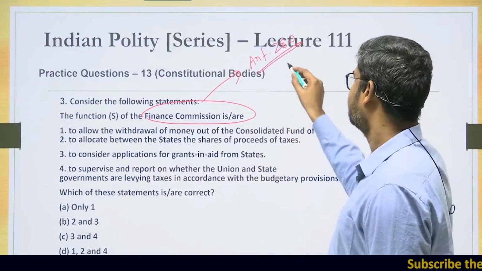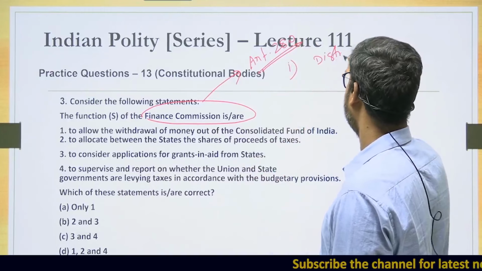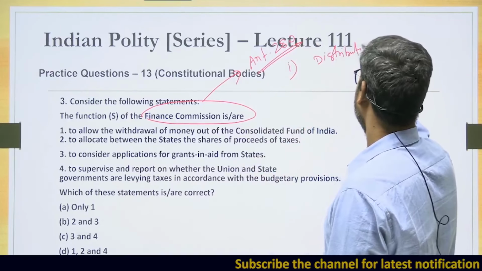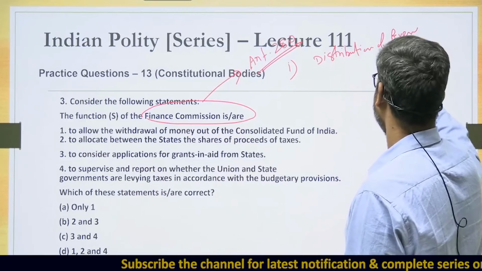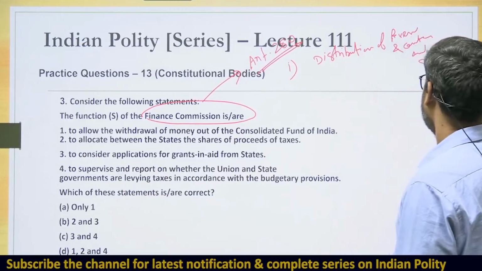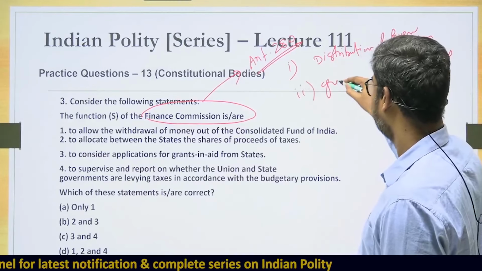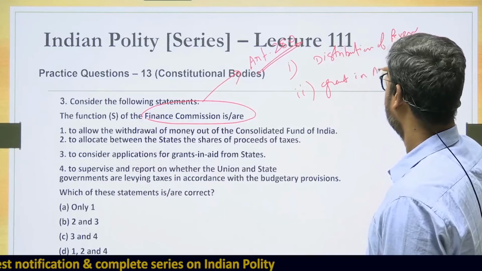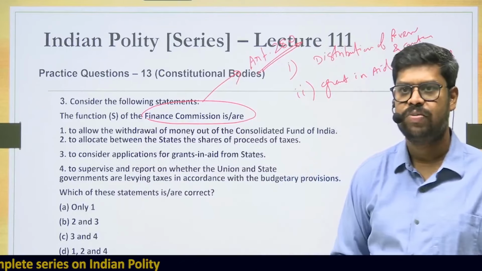It will talk about the distribution of revenue between the center and the states, and also about granting aids to the states. And apart from that, any other function which may be entrusted upon by the President.